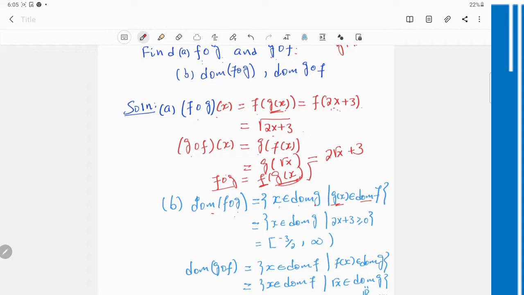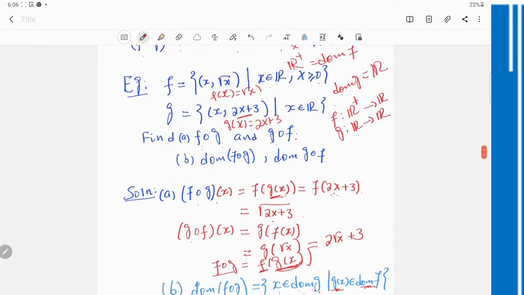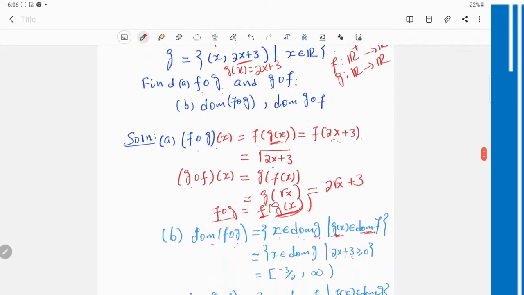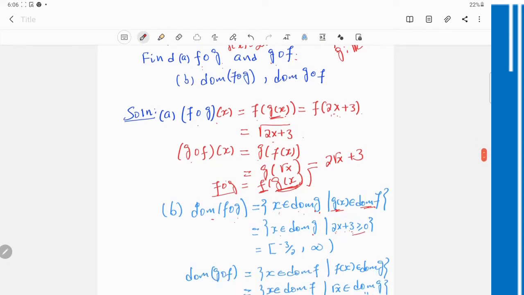So we have x in the domain of G, and G of x must be included in the domain of F. Our G of x is 2x plus 3. The domain of F is the set of real numbers which have to be greater than 0. That's how we used this here.